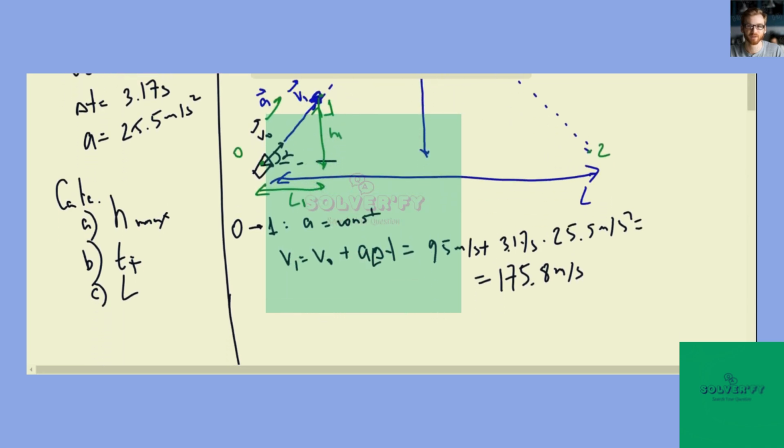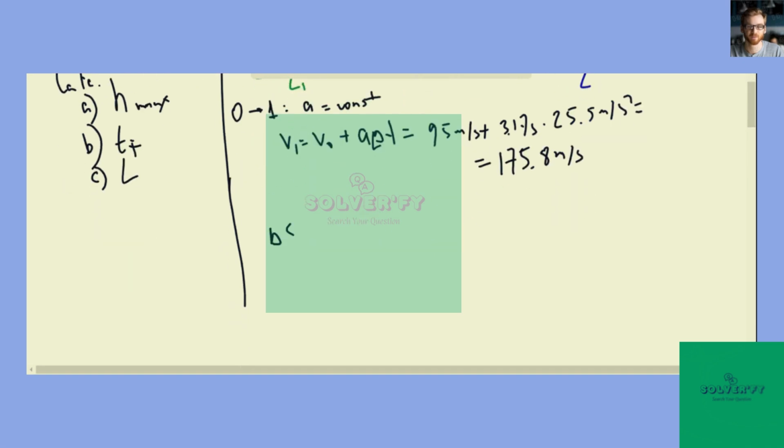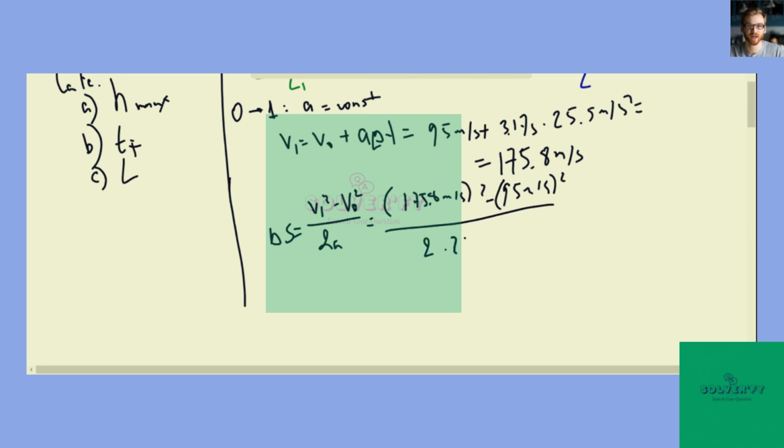The overall displacement of the rocket during this initial launching, delta S, equals V1 squared minus V0 squared divided by 2a, which is 175.8 squared minus 95 squared, divided by 2 times 25.5.